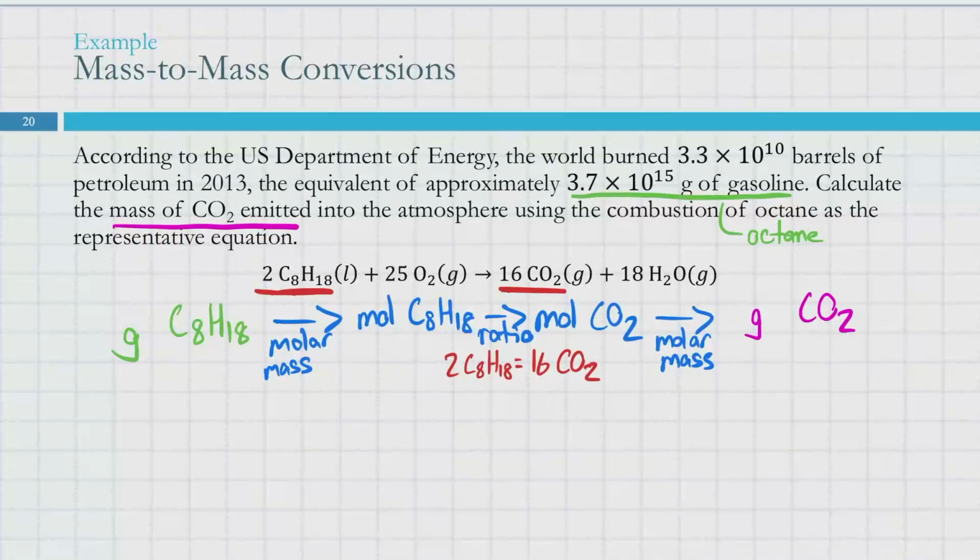We're also going to need molar masses for octane and CO2. So I'll get those real quick. For octane, it's that number. And for CO2, it's this number, with units of grams per mole.